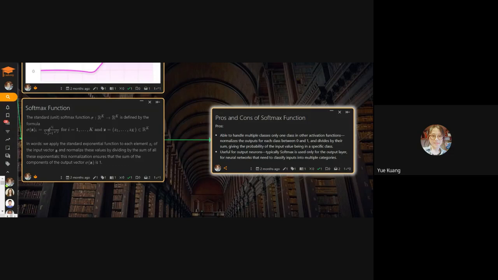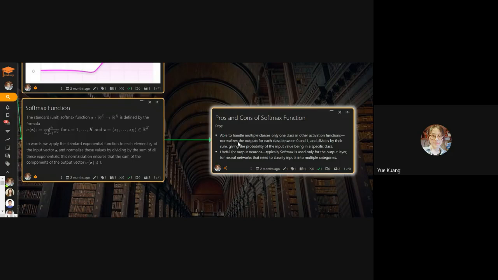This normalization ensures that the sum of the components of the output vector sigma(z) is 1. And the pro of this function is that it is able to handle multiple classes, while in the other activation functions I have introduced, there is only one class. So this function is special because it can handle multiple classes.